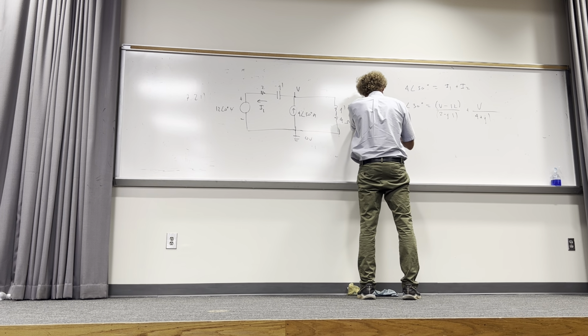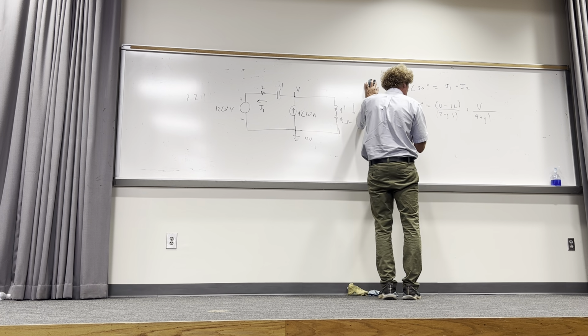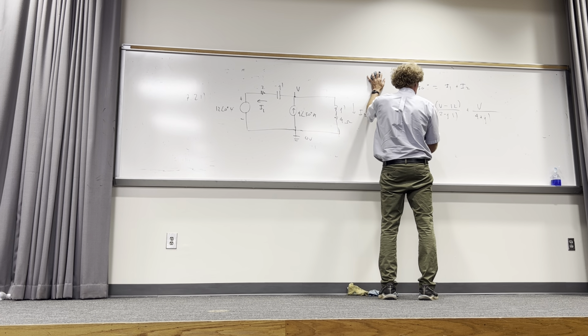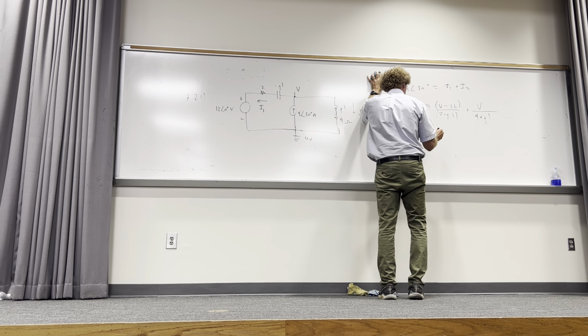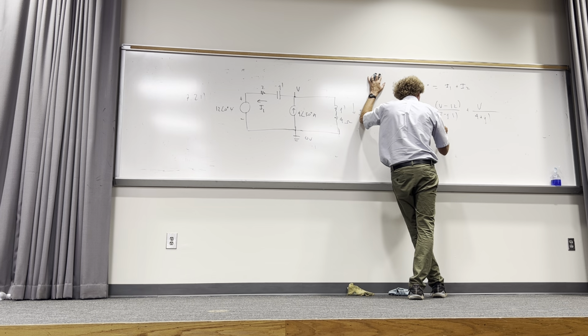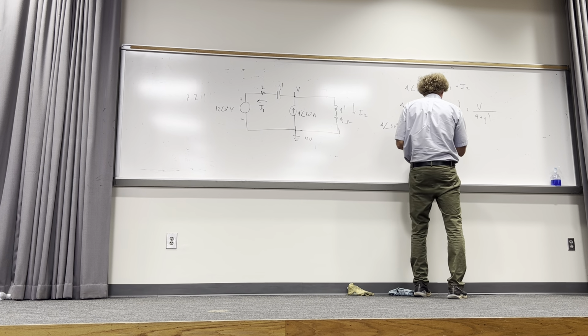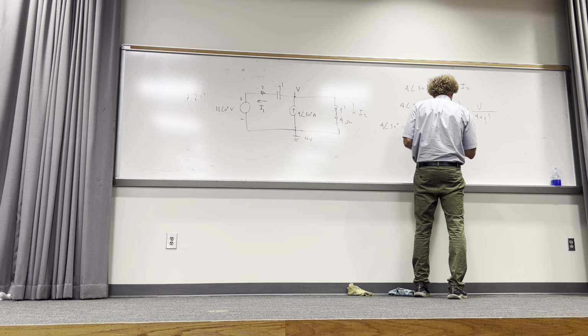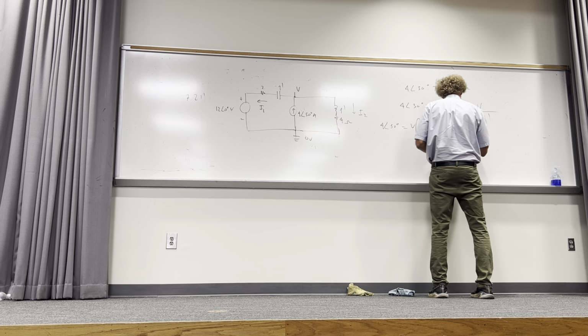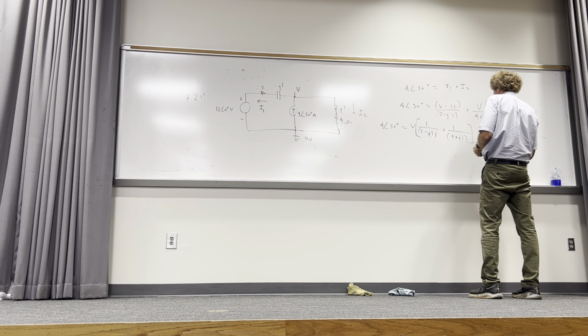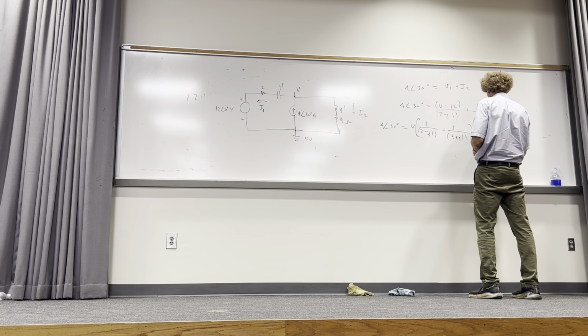So I have 4 at an angle of 30 degrees is equal to, and now what I'm going to do is take V here and break it out, and now I have 1 over 2 minus J1, and I have plus 1 over 4 plus J1. And then I have minus 12 over 2 minus J1.